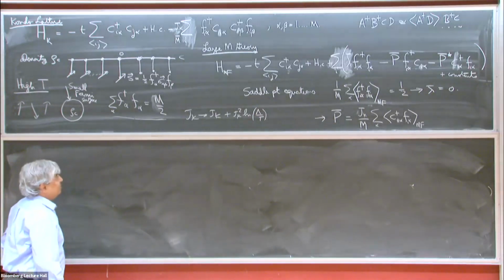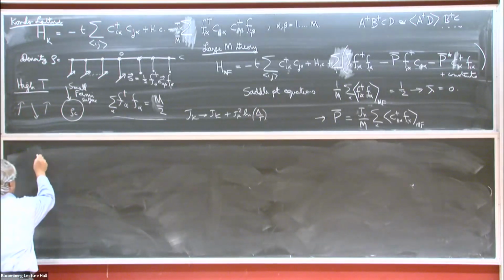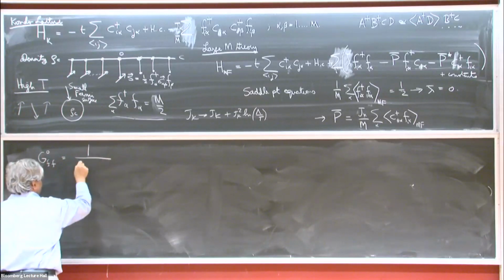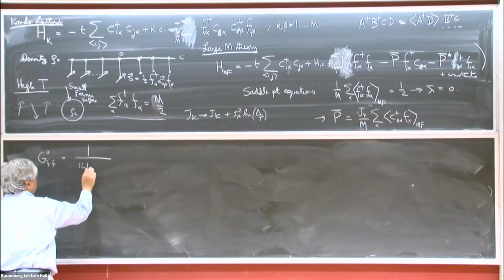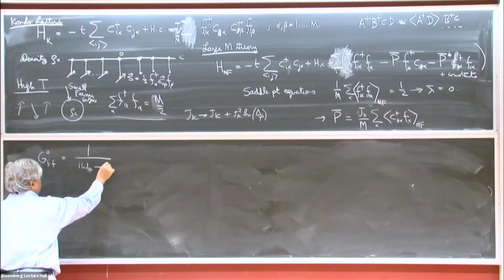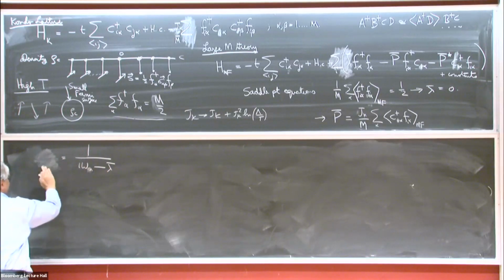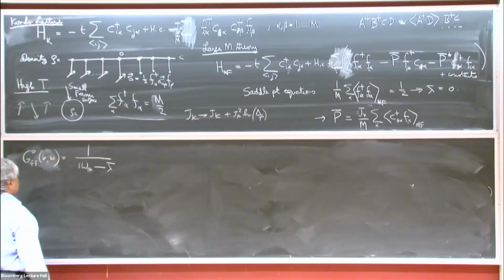All right. So you can write down the bare Green's function of the f electron, which is 1 over i omega_n minus lambda bar. This will be, in fact, momentum independent. This is not the actual Green's function. This will be G_f(k, i omega_n).